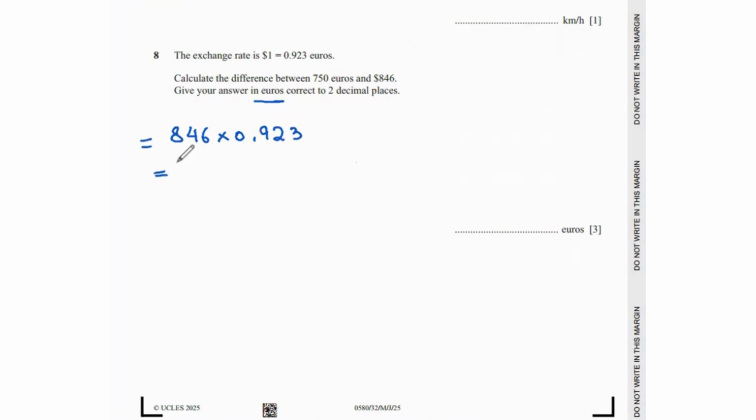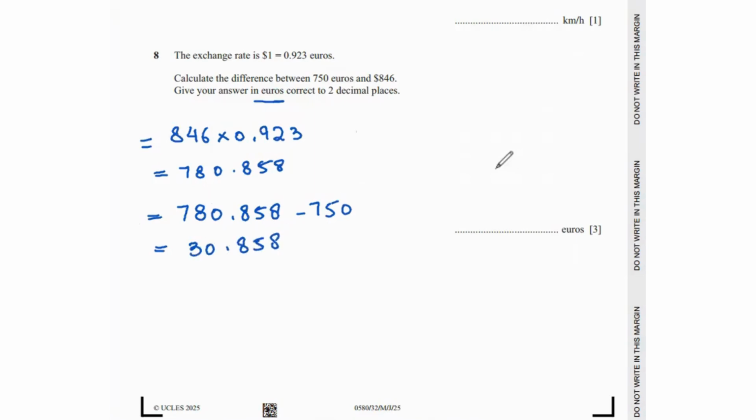That's going to give us 780.858. They want the difference between the two. So very straightforward. You just subtract the two quantities, and that is going to give you 30.858. They want the answer correct to 2 decimal places, so 30.86 euros is your answer.